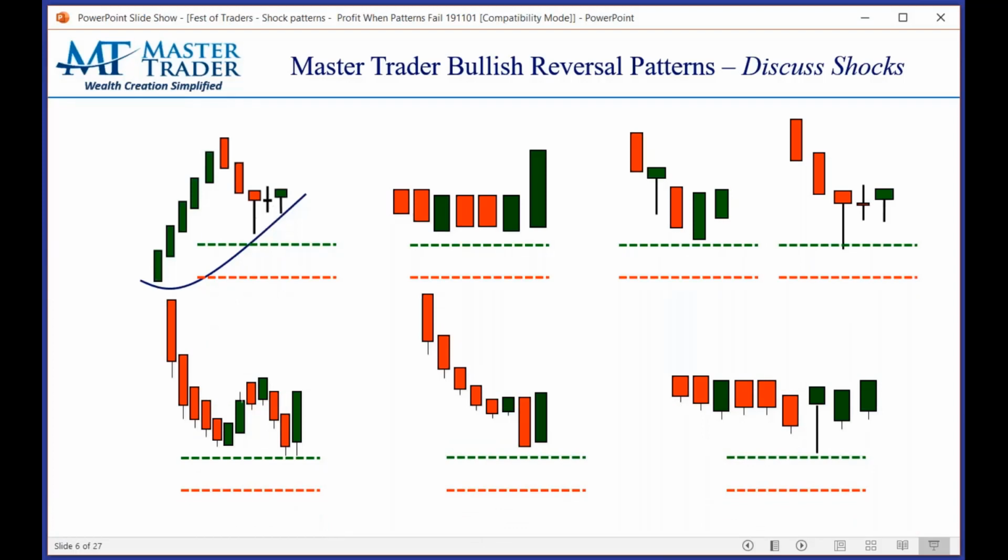So these lines I'm showing you is how we love to sell bull put credit spreads. We find bullish patterns where we say, hey, that support looks like that's going to hold wonderfully. So we sell a put option under support.